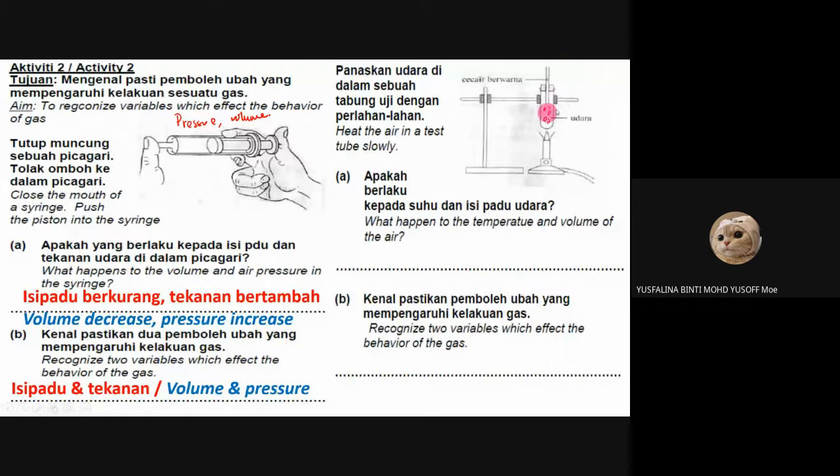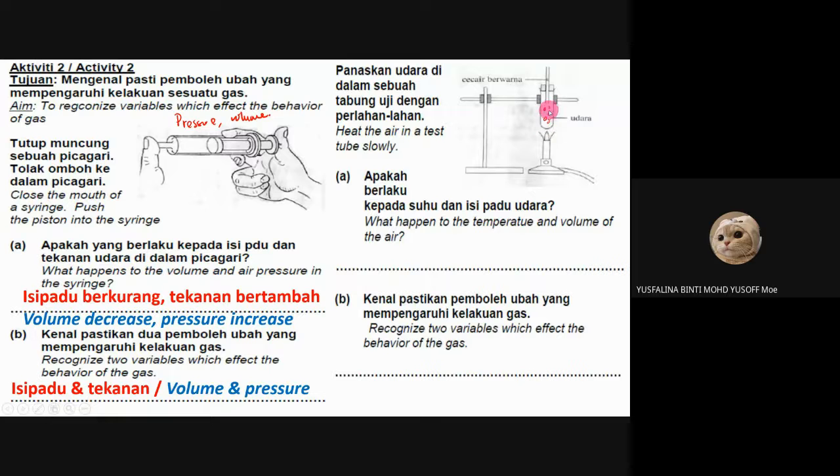When they move faster, they keep hitting the wall, and the rate of collision is increasing because they move faster. So when they move faster, the rate of collision increases, right?